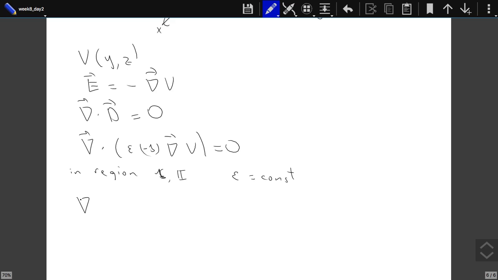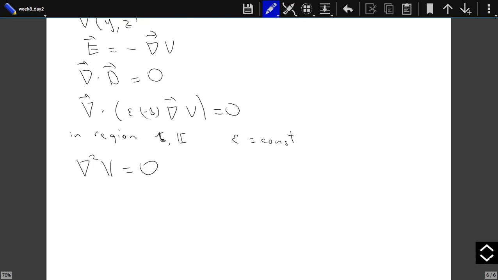So in both regions, the Laplacian of V is equal to 0. V satisfies the Laplace equation in region 1, and in region 2 it satisfies the Laplace equation. At the interface it will not, because there will be bound surface charges in that region.